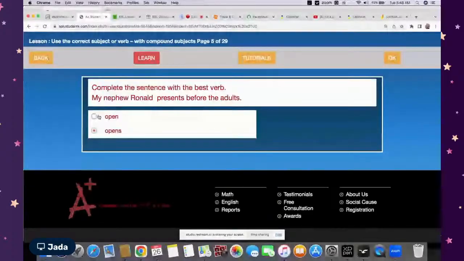Because this is what, my nephew. One person. It is what, a singular subject. So is it gonna be this or this one? One. Are you sure it's one? My nephew Ronald, one person, singular subject. So it's gonna be what? Opens.